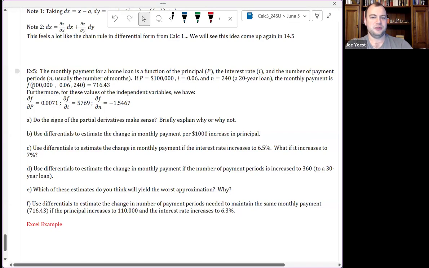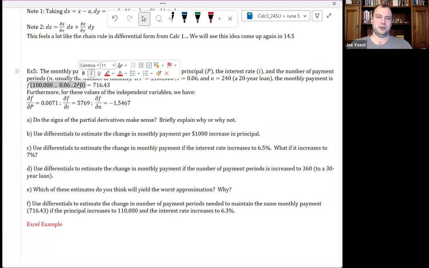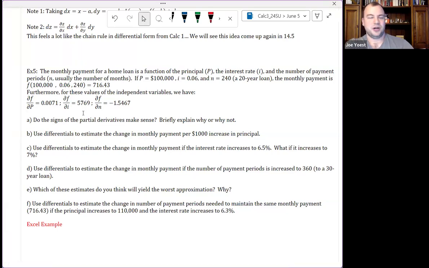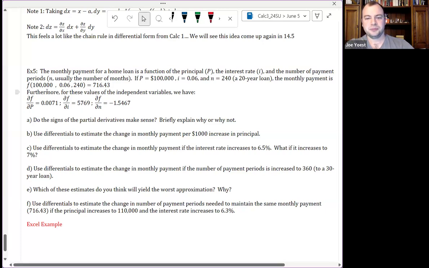As a side note, note that this is a function of 3 variables. So we have 3 inputs. Our domain, our input space, is the whole 3D space, and then our output space is another real line off to the side. But none of that really affects what we're going to do here. We can't draw it very nicely, but we can do all of the same work that we had done before.